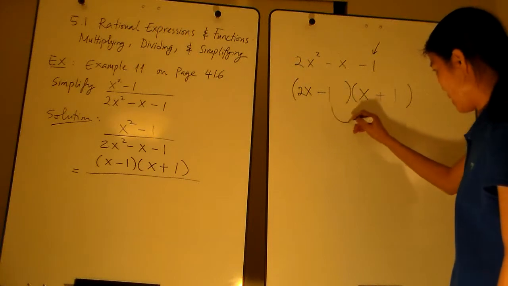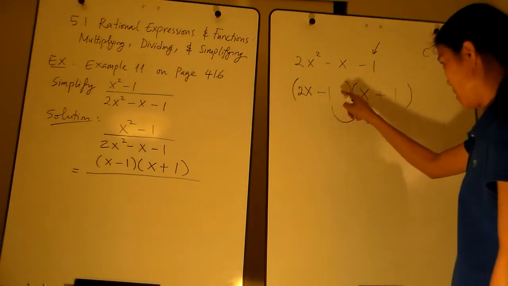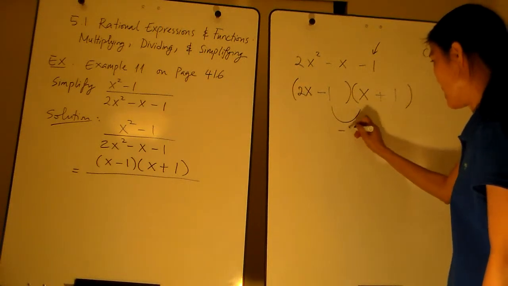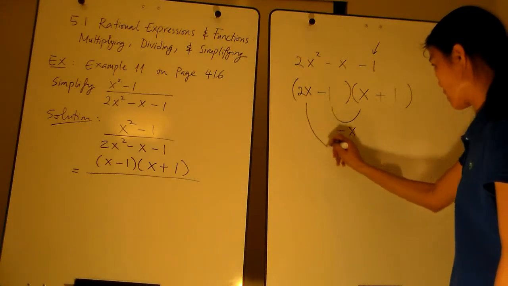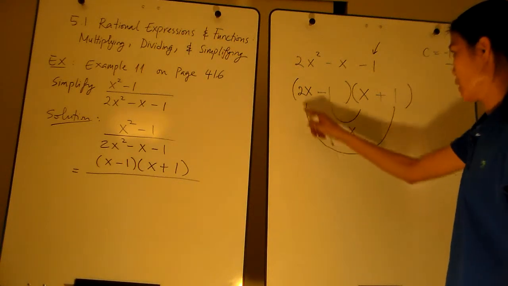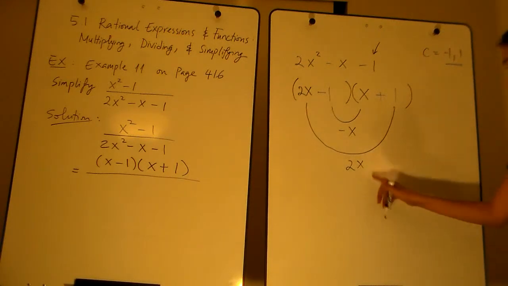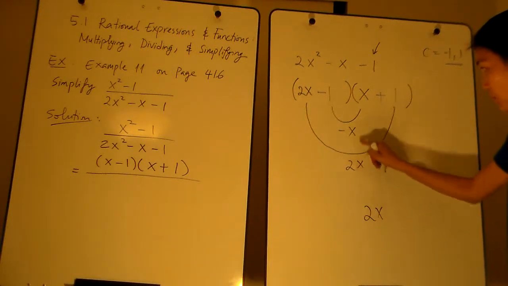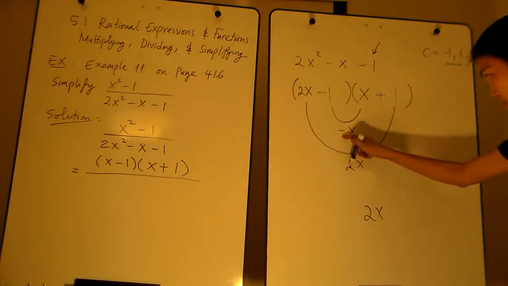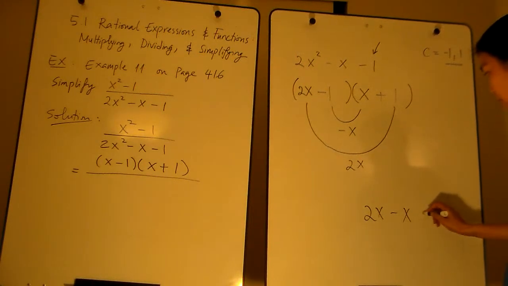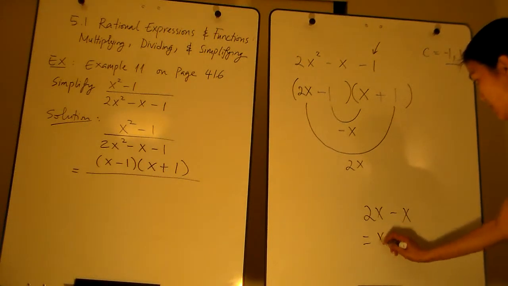We can test that by multiplying this. Negative 1 times x is negative x. Take 2x, multiply by 1 right here: 2x times 1 is 2x. Now, 2x subtract x, right? It's negative here. Subtract x is x.